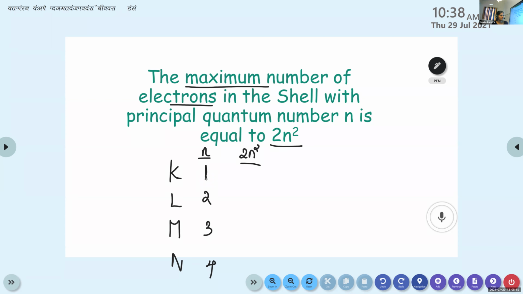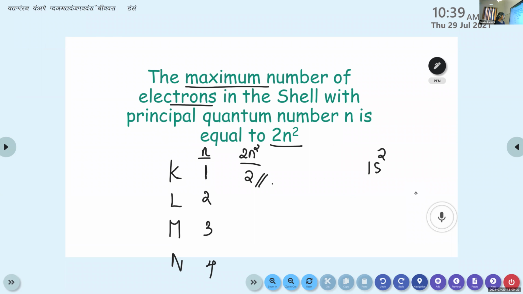Meryl, can you tell me by substituting 1 in this equation? 2 into 1 squared, right? Yes, 2. So the maximum capacity of this shell is 2. And you can connect it also with the subshell. There is only one subshell there, 1s, and it has maximum capacity 2.